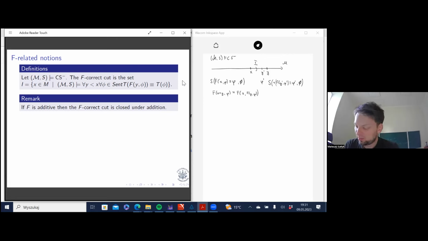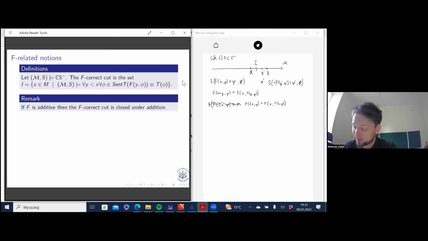Because if you take x which is in this cut, and you would like to check whether 2x is in this cut, then after fixing an arbitrary formula, you see that f of 2x phi is literally the same sentence as f of x of phi.